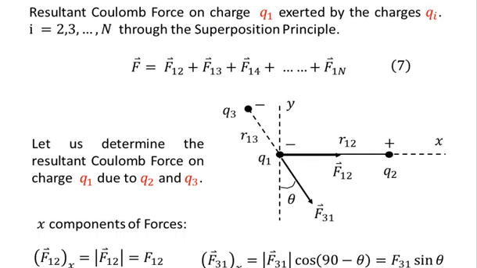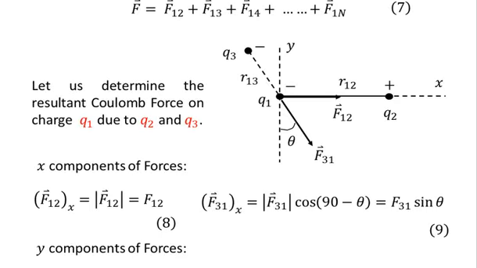Now let's discuss a simple and particular example. You see that in this figure I have three charges: Q1, which is negatively charged, Q2 positively charged, and Q3 negatively charged. And the question is that I want to find the net force on charge Q1.